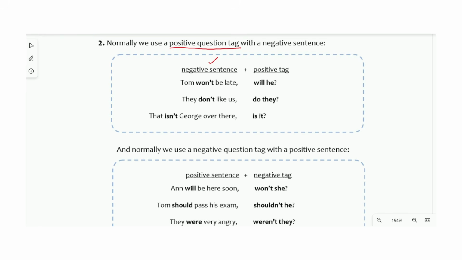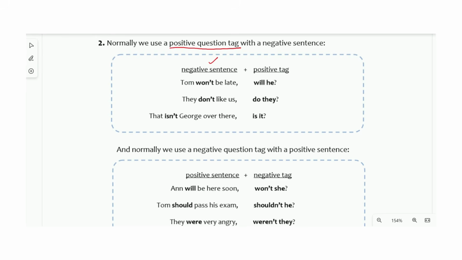So first and foremost, please ensure that you know how to distinguish between a positive question tag and a negative question tag. Now, as I've already alluded to in the introductory phase of the lesson, I said that if the statement is negative, the question tag becomes positive. Now that we have established that, we have to learn how to formulate a question tag.